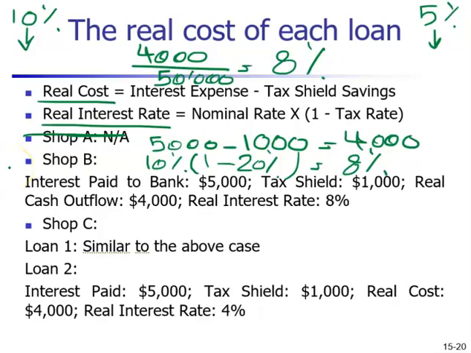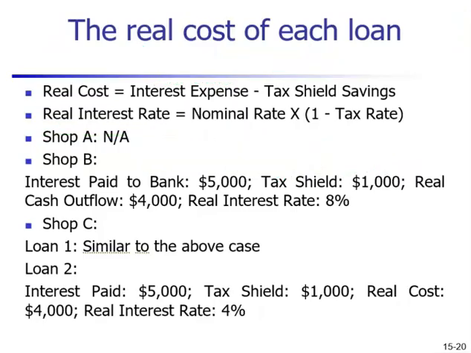Okay, we are gonna check the things for the next part also, so it's gonna be a review for you. But as soon as you notice you get some points, stop the video and try to do it yourself. For shop C, loan 1 is exactly similar to loan of shop B. So the amount of real cost is 4,000 and the real interest rate is 8%.